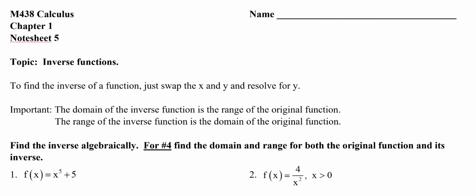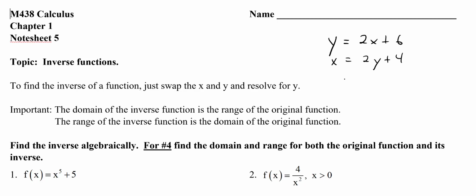Okay, so again, inverse functions are our topic, and I said to find the inverse of a function, you basically just swap the x and the y, and then you resolve for y. Real simple. So if I said y is equal to 2x plus 6, the inverse would be x equals 2y plus 6, and then I'd solve for y.